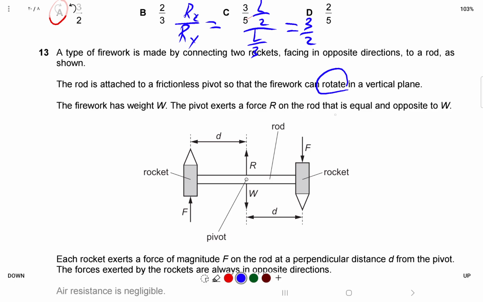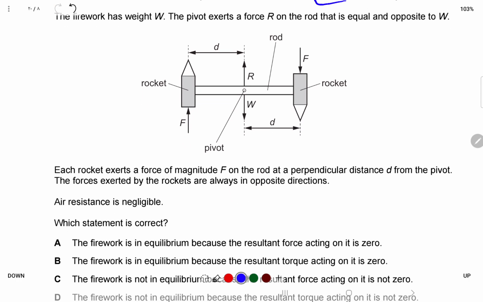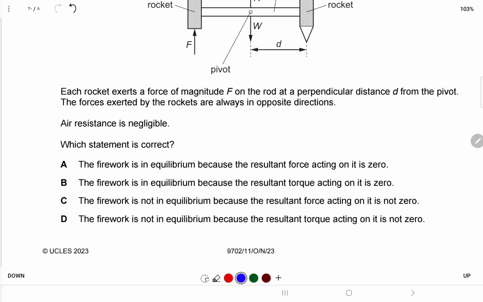Since it can rotate, resultant moment is not zero. The firework has weight W. The pivot exerts a force R on the rod, equal and opposite to W. Each rocket exerts a force of magnitude F on the rod at a perpendicular distance D from the pivot. The forces exerted by the rockets are always in opposite direction. Air resistance is negligible. Which statement is correct?